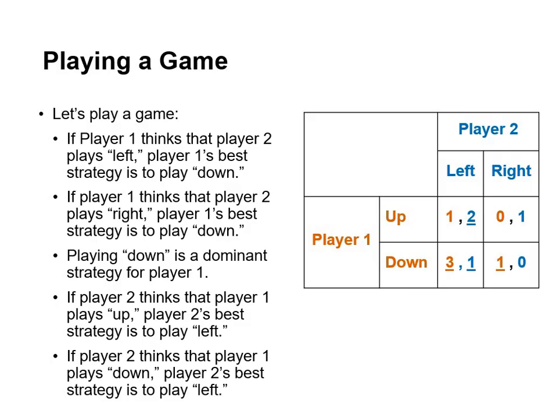Shall player 2 play left and get a payoff of 1, or play right and get only 0? Of course the 1 is better, which is why we underscore the 1. So now player 2 also has a dominant strategy, which is to play left, no matter what player 2 thinks player 1 might do, up or down. So we have 2 dominant strategies.